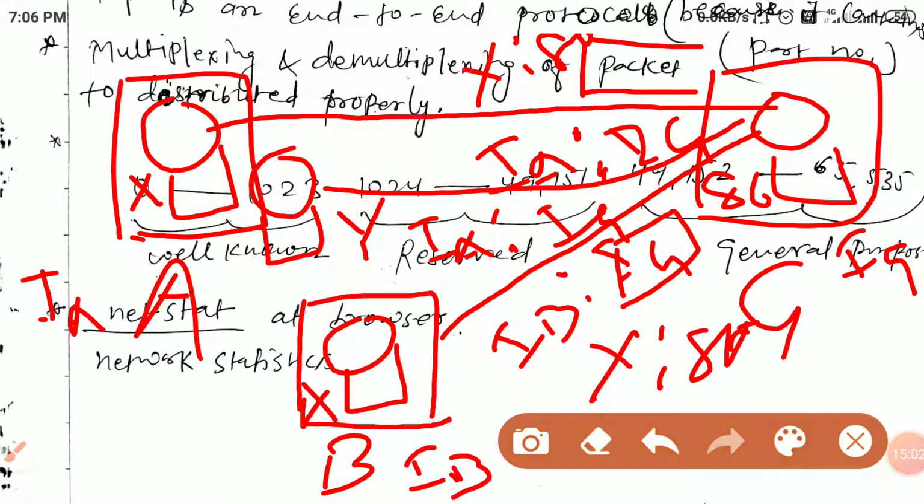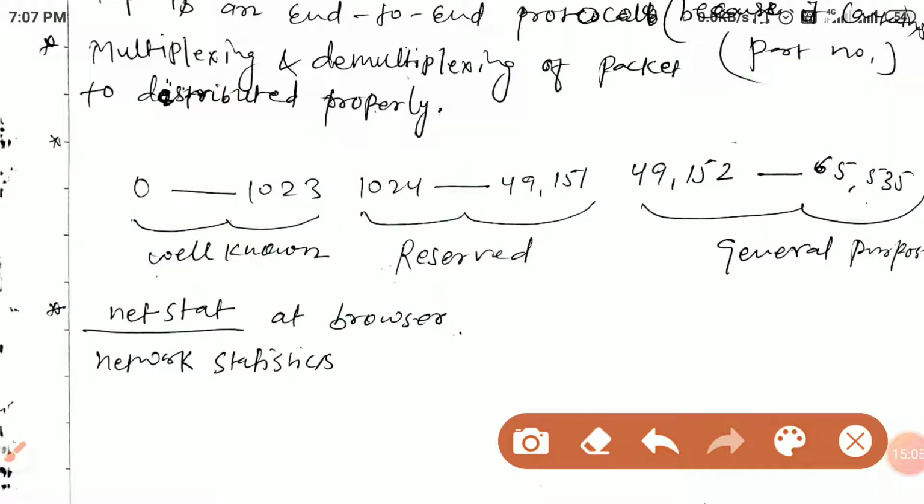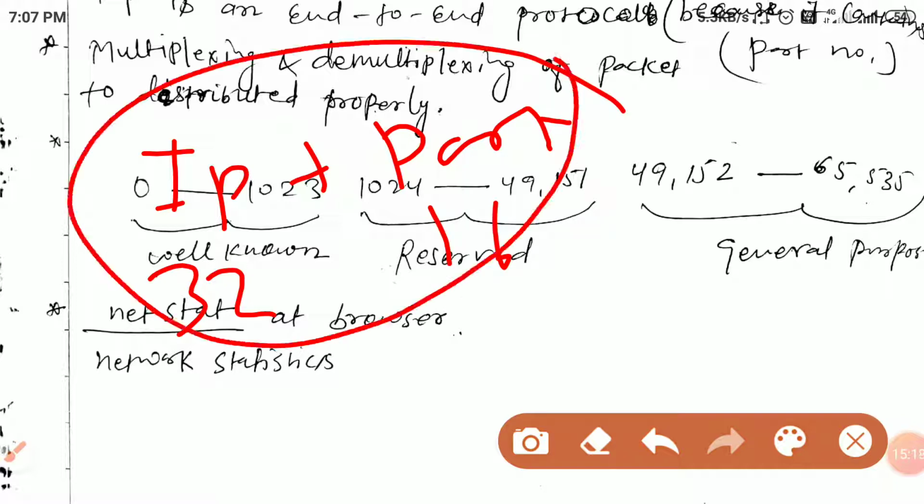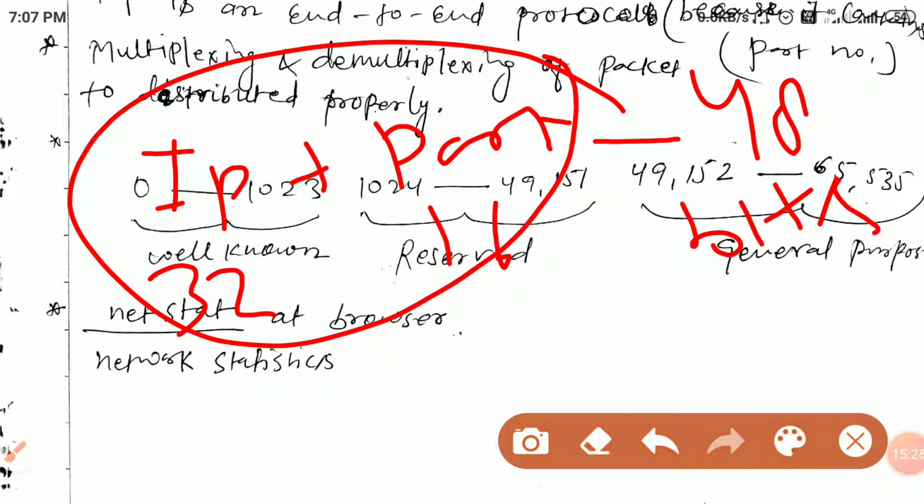In that case we'll use the 32 bit IP address plus the 16 bit port number. So the total is 48 bits, and this 48 bits is called a socket.